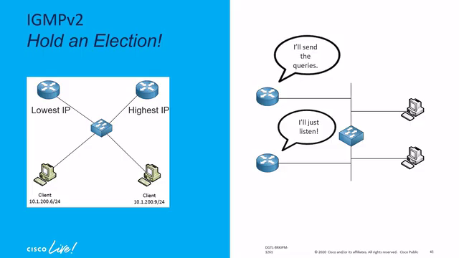The other router that's not the querier will still listen for those queries and the reports, but it won't act on them. What it's waiting for is for the elected querier to stop sending queries. And after a period of time where no queries are received, it promotes itself and becomes the querier. That's the failover mechanism there.